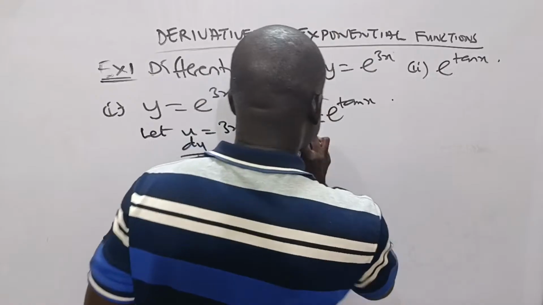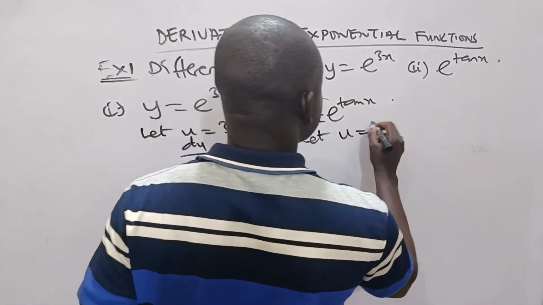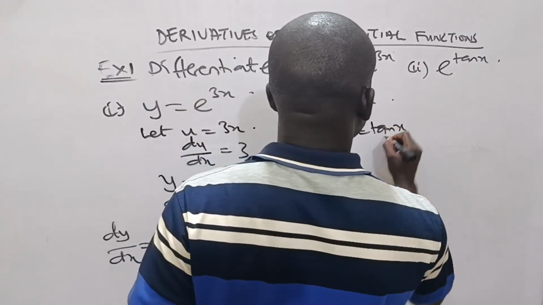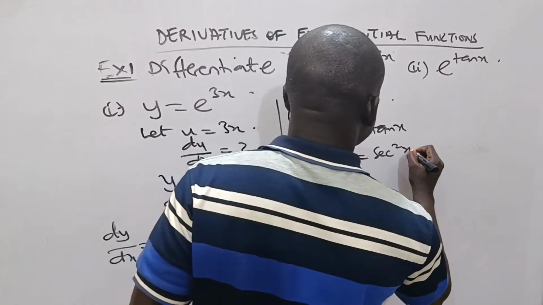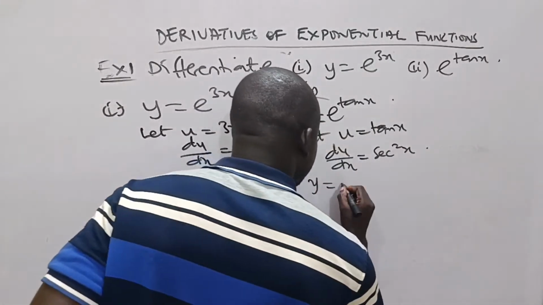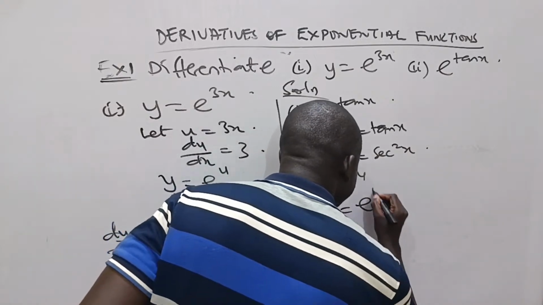Okay? In this case, if this is the question, I will say let u is equal to tan x. Then what is du/dx? du/dx is sec squared x. Then y is equal to e raised to u, and dy/du is the same thing, e raised to u.